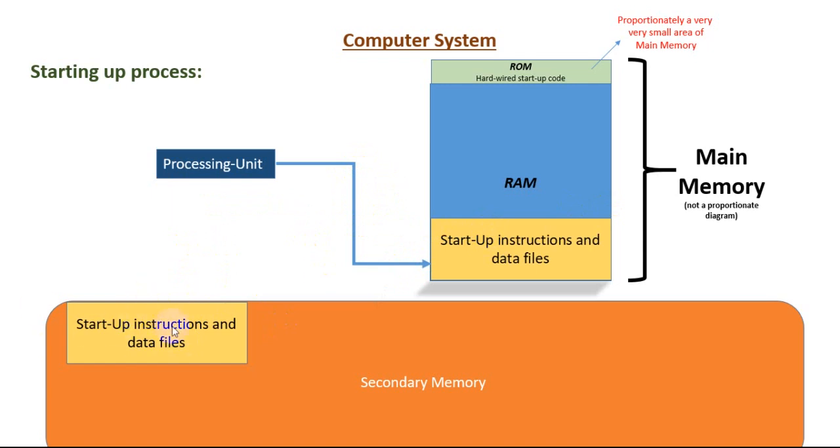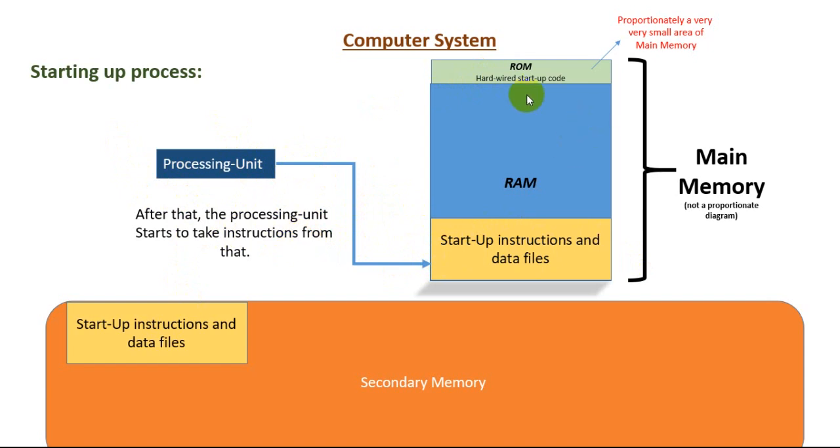This is still there in the hard disk of your secondary storage. Now a copy of these startup instructions has come here, and it was also told to load this and start taking instructions from here. So now it has loaded it, and after that the processing unit starts to take instructions from this and work on it.